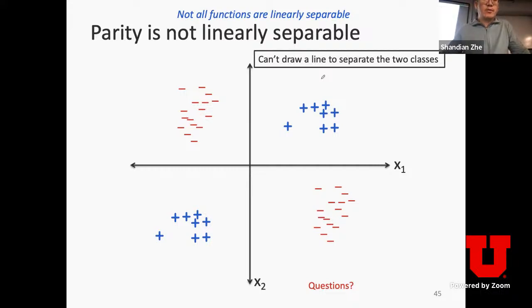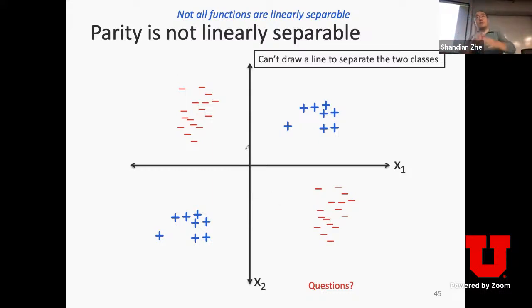Okay, so what does parity mean? It's something like this. You have positive examples along this direction, and you have negative examples along that direction.